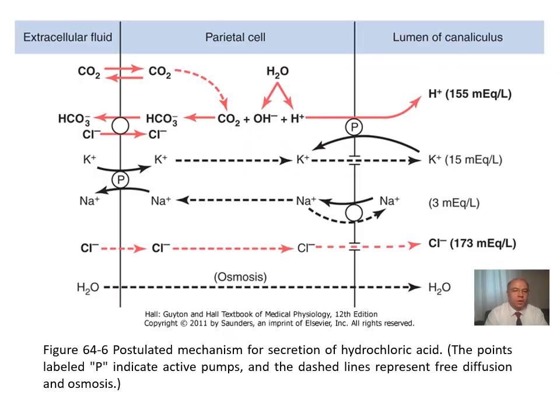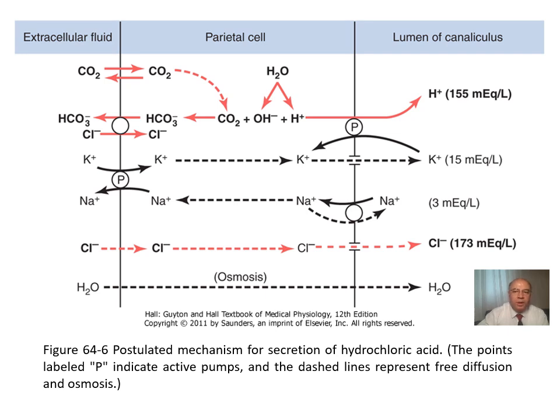Here you see the postulated mechanism for secretion of hydrochloric acid. You see here that carbon dioxide comes from extracellular fluid and it is combined with the hydroxyl ion forming bicarbonate and then exchanged by chloride ion.